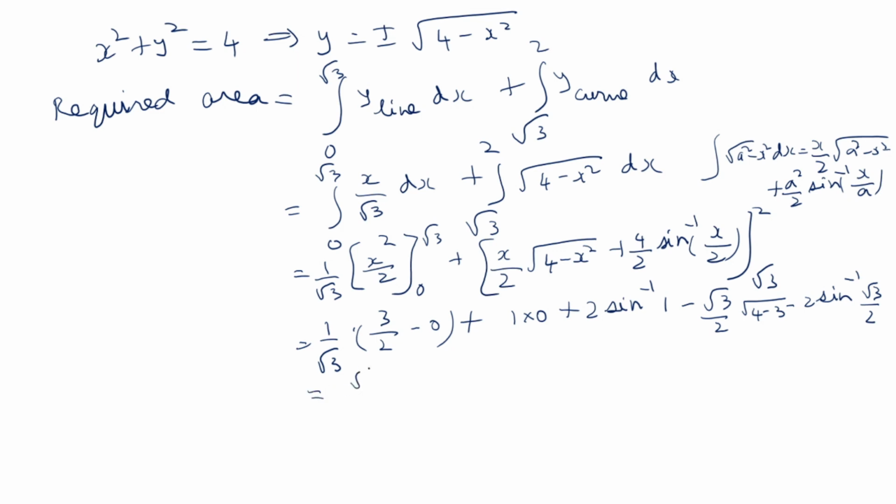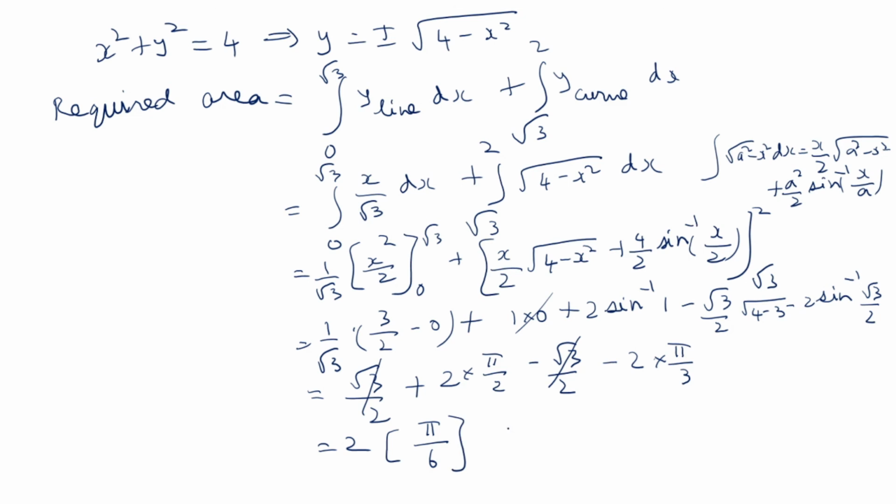So this is equal to root 3 by 2 plus this is 0, 2 sine inverse of 1 is 2 into pi by 2, minus root 3 by 2, root of 1 is 1, minus 2 sine inverse of root 3 by 2 is pi by 3. So root 3 by 2 will go. So this is equal to 2 into pi by 2 minus pi by 3, which is pi by 6... so this is equal to pi by 3 square units.